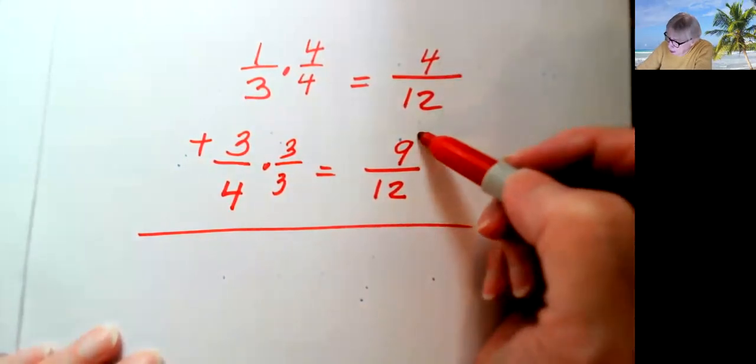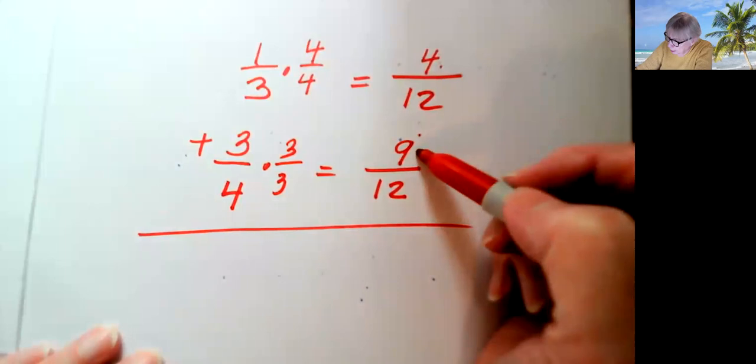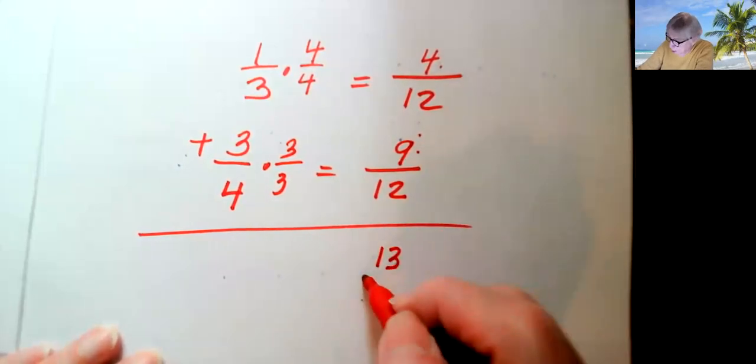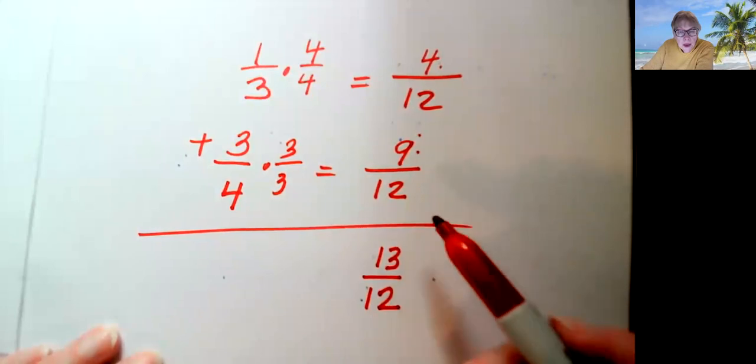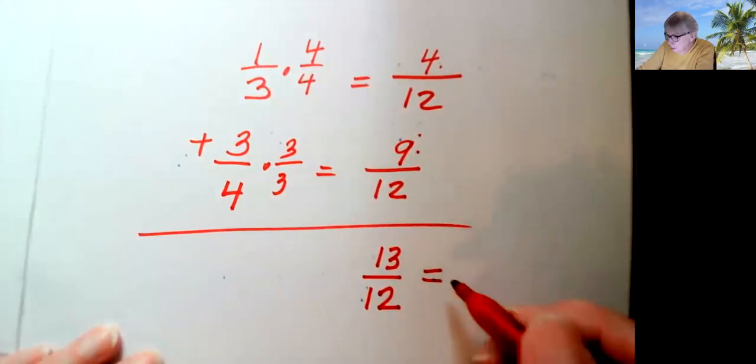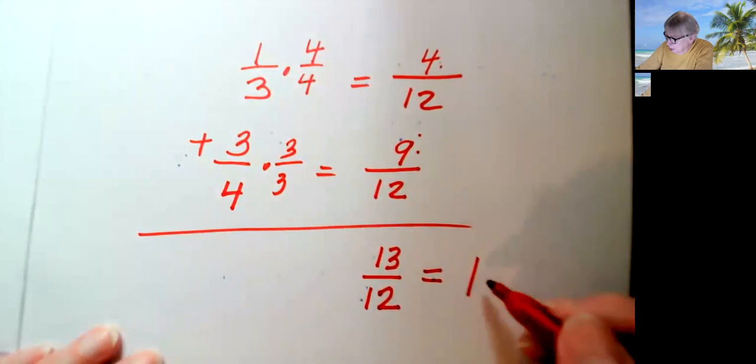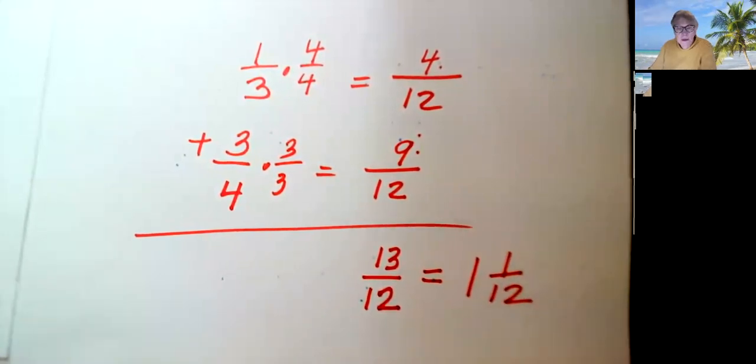So when we put this together, 4 and 9 make 13 over 12. 13/12. You know, typically they expect the mixed numbers, so at this point they seem to favor it. So let's just give them what they typically want.